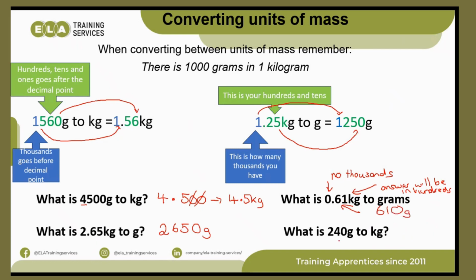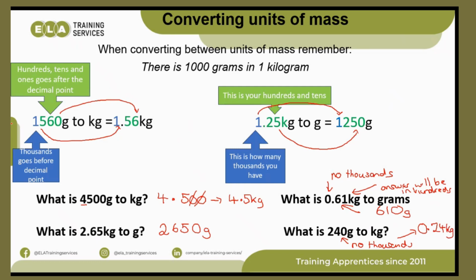And then last, what is 240 grams to kilograms? We've got no thousands, so we've got a 0 in front of the decimal, and then our remaining numbers, hundreds and tens, give 0.24.